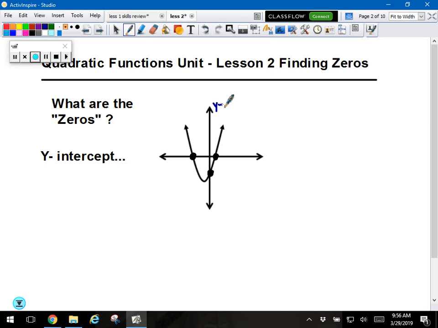This is your y-axis, and I have a 0 right here known as your y-intercept. That is going to be where x equals 0. I also have what's known as your x-intercepts, where the function crosses the x-axis, which are these 2 points right here.